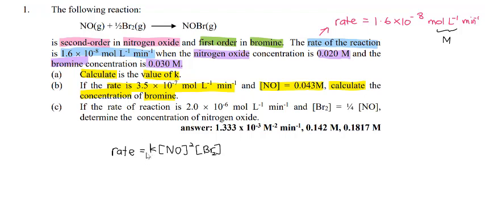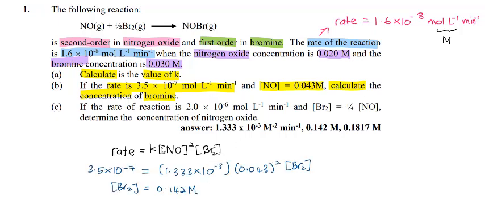K does not change when the concentration changes, but K will change if you change the temperature. Since the question didn't mention the temperature, we assume the reaction is at the same temperature. So substitute the values, and you will get a concentration of bromine of 0.142 molar.